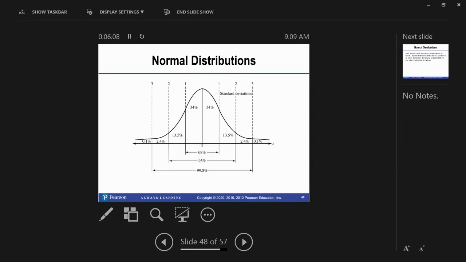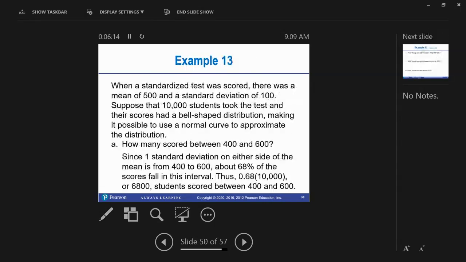You're between those two numbers, 68%. So 68% of the people scored in that 400 to 600 range. Okay. So what you're going to do is take 68% times 10,000 because that's how many students took the test. 0.68 times 10,000 is 6,800 students scored between 400 and 600.